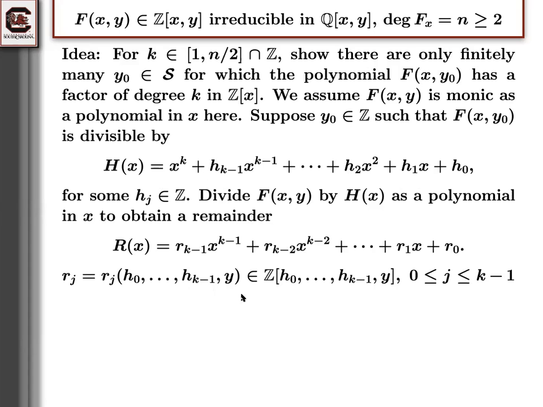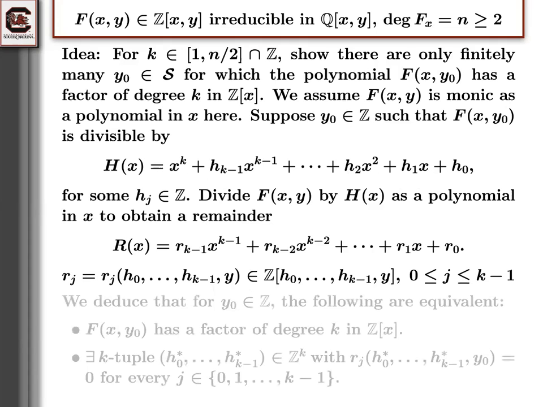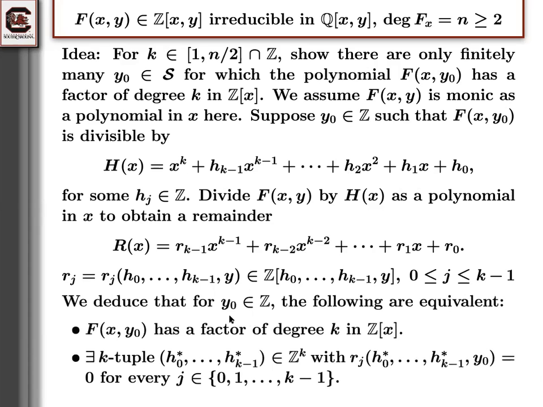If the remainder is going to be 0, so the polynomial is divisible by h(x), we want each of the coefficients to be 0. So saying there's a y0 such that f(x,y0) has a factor of degree k is the same thing as saying there's a k-tuple for the h's such that when I plug that k-tuple of h's in with y0, I'm getting 0 for each of those.